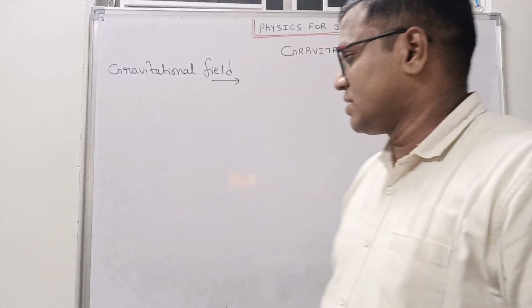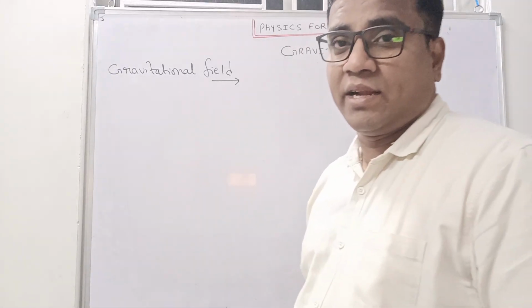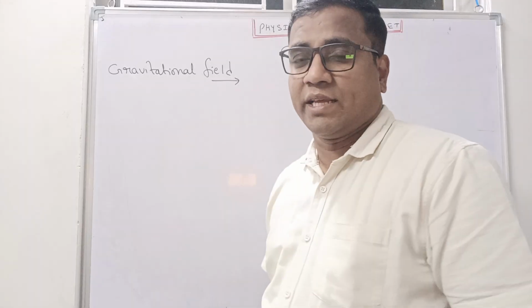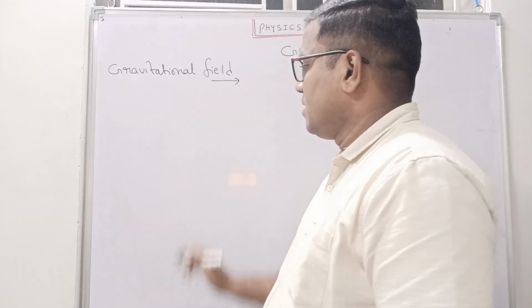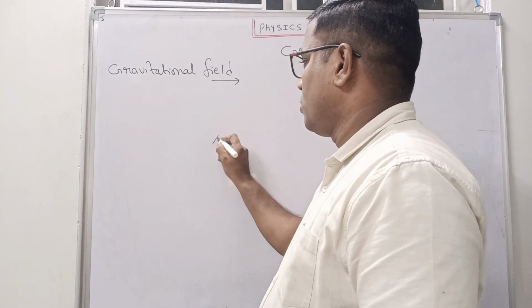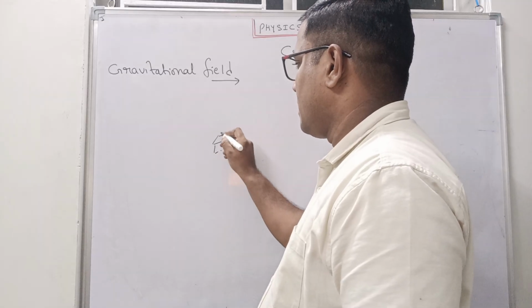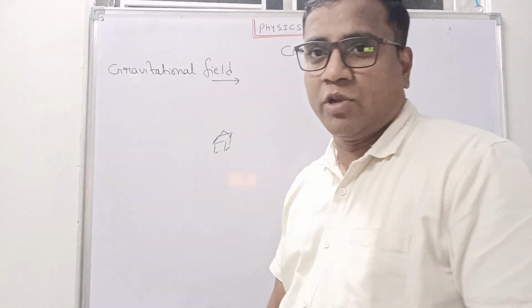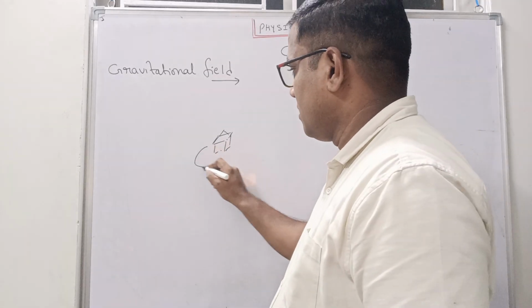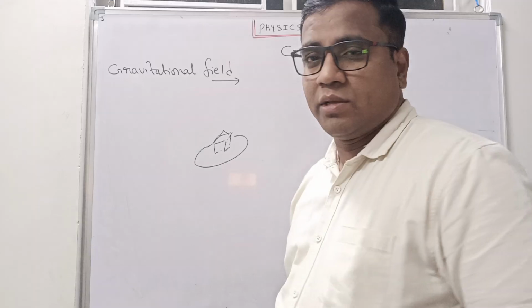For example, here one student is there. The student has his own house, a nice house, and he has some compound.